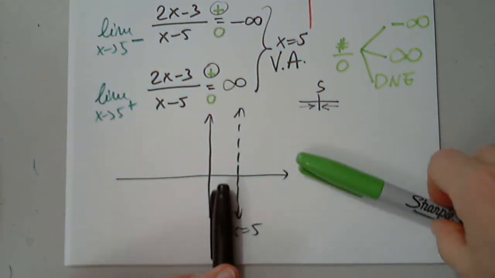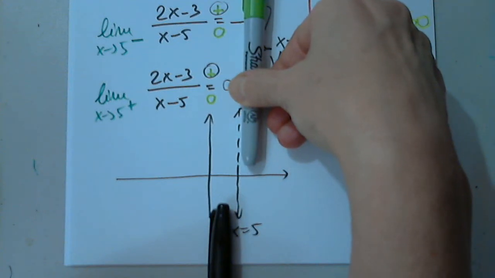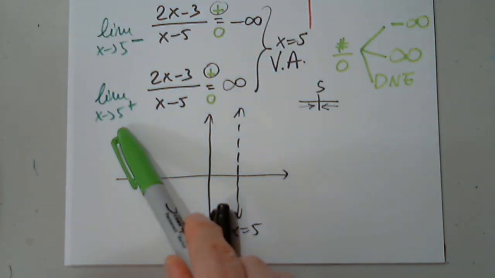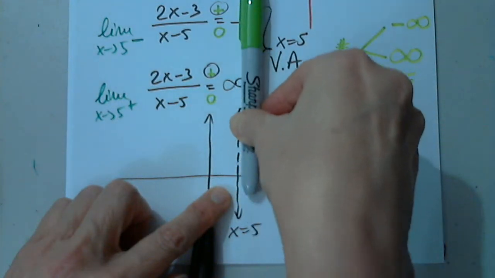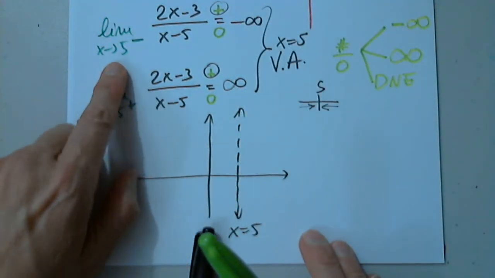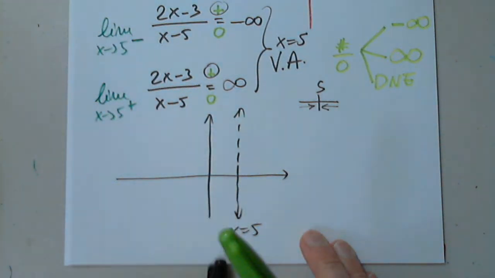And from the right will go to positive infinity. Because that's what this says. From the right-hand side of 5, the function will go to infinity. From the left-hand side of 5, the function will go to negative infinity.